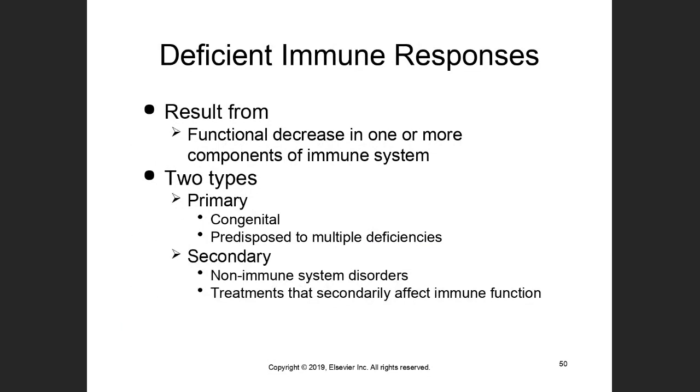Now we have deficiency in immune response resulting from functional decrease. We have two types. We have primary and secondary. Primary is congenital. That means that you are born with the problem, exposed to multiple deficiencies. Secondary is a non-immune system disorder or treatment that secondarily affects immune function.